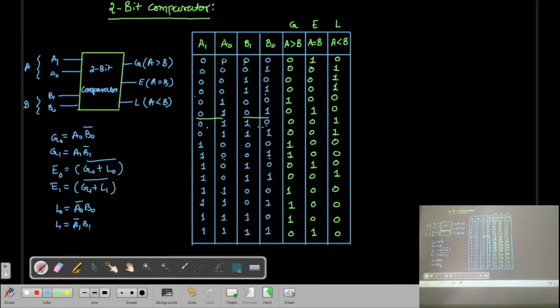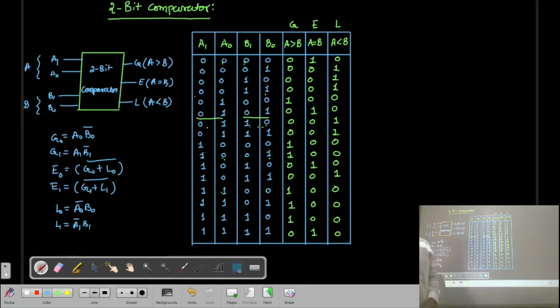Remember. So this expression we can also write in this way. But if you want to write a complete expression in terms of E, L and G, then we have to find out the fundamental products in all of E, G and L, and then take the summation. So that will give you the complete expression.